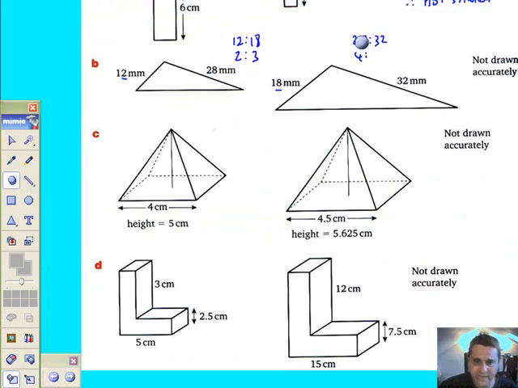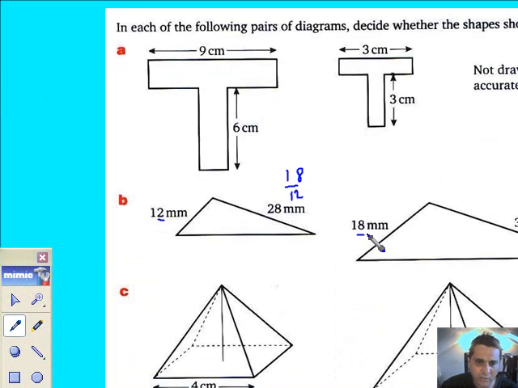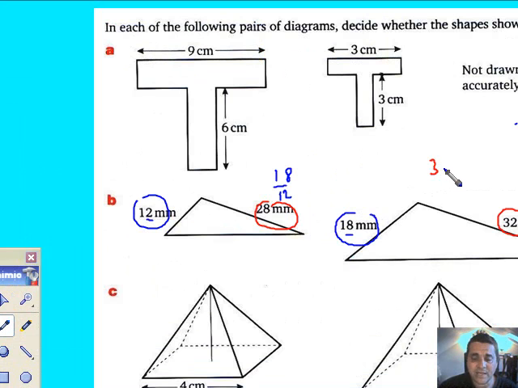I might try a different technique actually. If we have enlargements, then I can have 18 divided by 12. So I'll put this large one over its corresponding small one. That should be the same as, and I'll change colour for this, 32 divided by its corresponding smaller side, and we'll see if we get the same answer. It's another way to do it, isn't it? So let's just do 32 divided by 28. They're probably not similar.